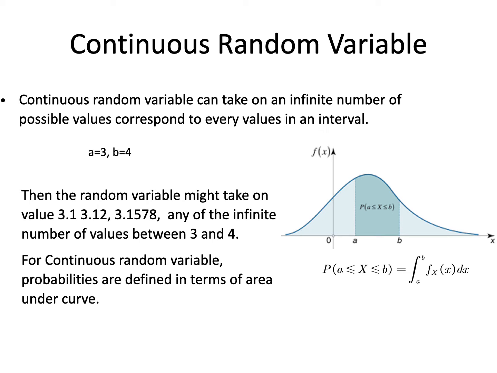So this area under the curve is obtained by the integral of the function. Suppose we have this function f(x), and x ranges from a to b, so we take the integral of f(x) from a to b. So the probability that the random variable x is exactly equal to any specific value is 0. Suppose a is equal to 3, it's 0, because the number of values which may be assumed by the random variable is infinite.